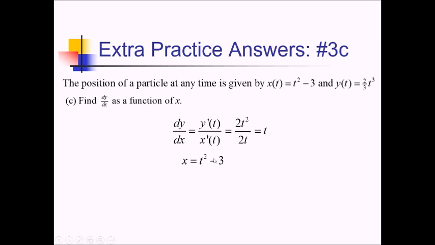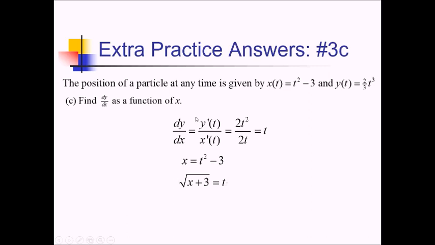So let's see here. If I add 3 to both sides and take the square root, I've got the square root of x plus 3. And since time has to be positive, we don't have to worry about writing plus or minus right here. It's just going to be the positive root. We don't want to get negative time. So this is what t equals.